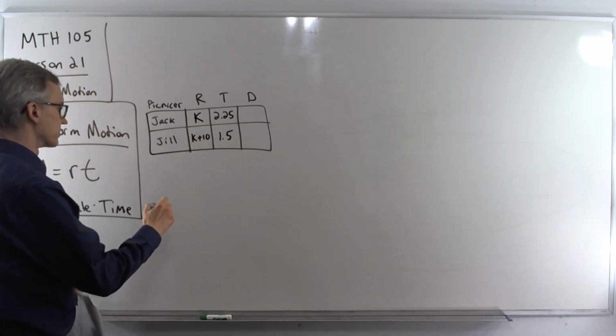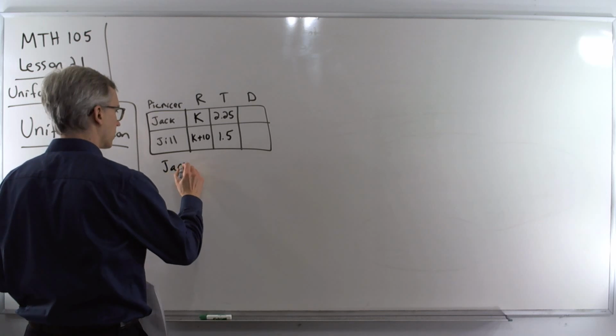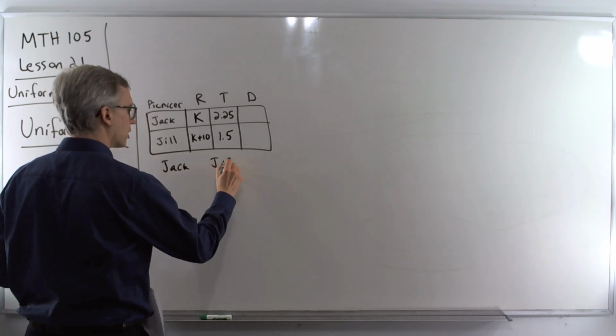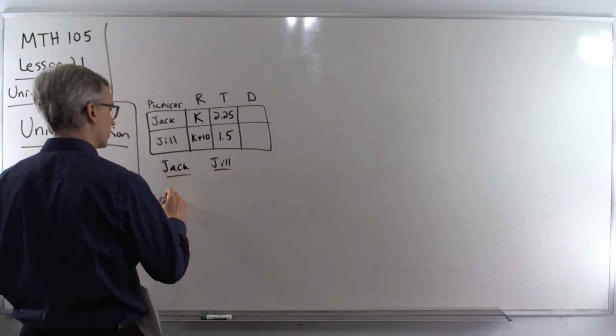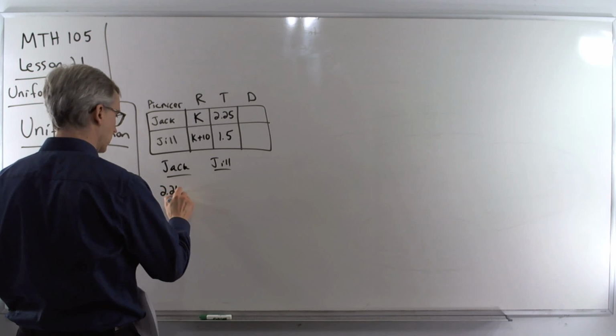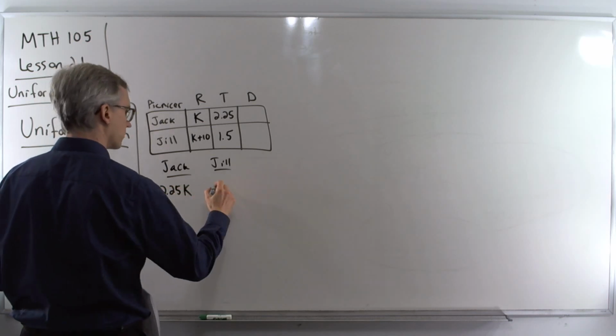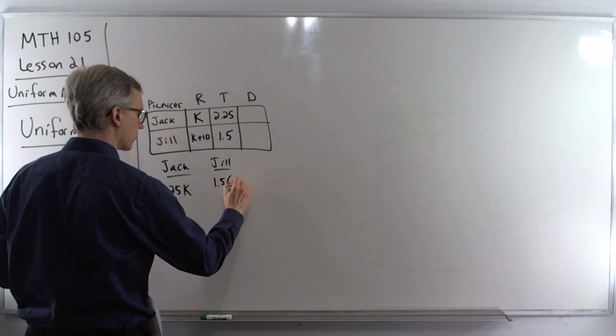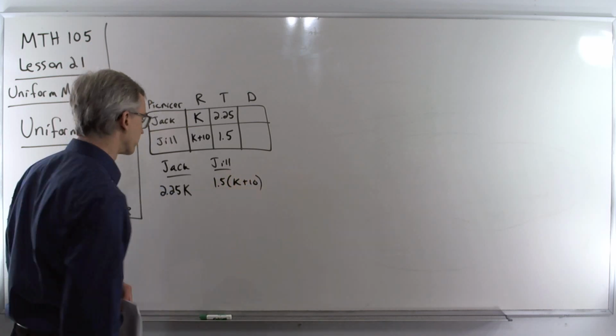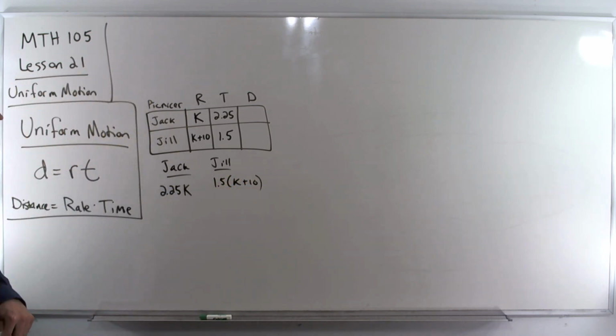Now let's find the distances. All right, multiply rate times time. And we are also given that they live 165 miles apart.